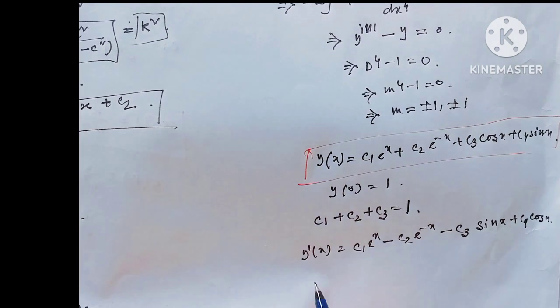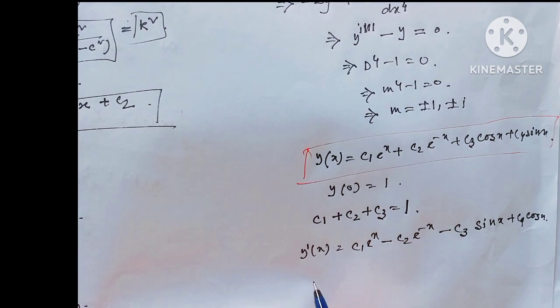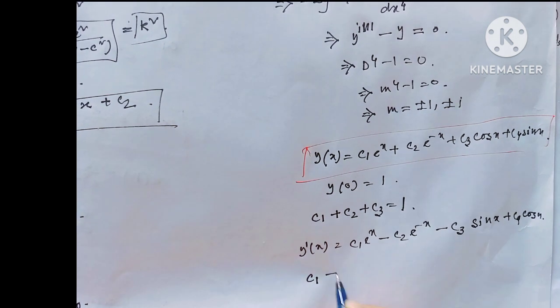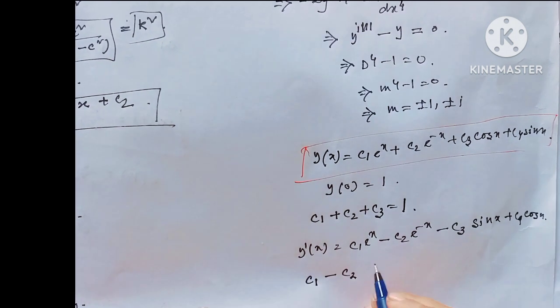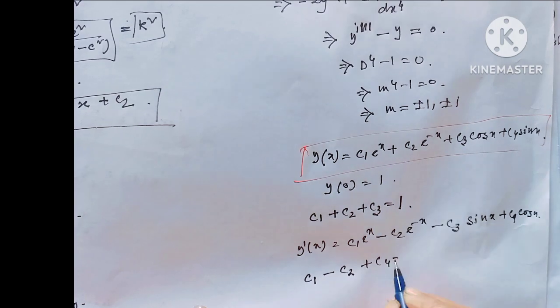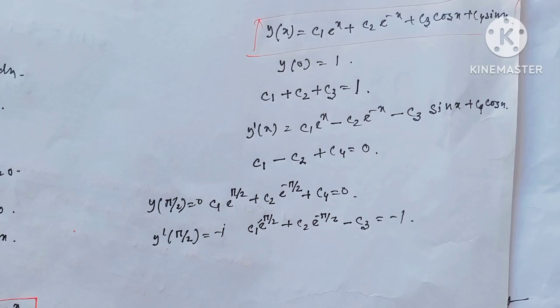Here y'(0) equal to 0, that means c1 minus c2 plus c4 equal to 0. Condition is y(π/2) equal to 0 and y'(π/2) equal to minus 1.